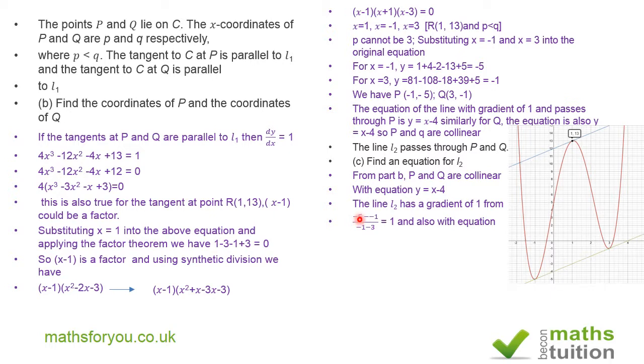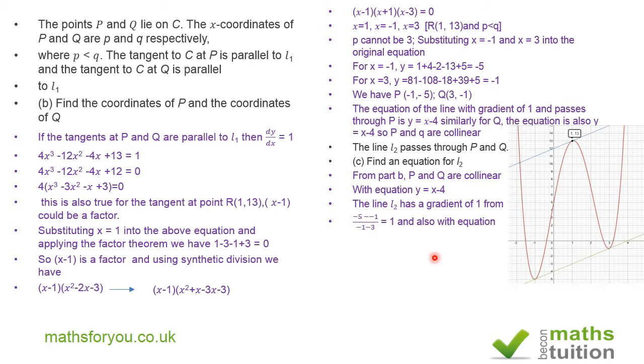The minus 5 comes from the y value of P, and minus 1 comes from the y value of Q. From that, you can get your gradient for L sub 2, which has a gradient of 1, which confirms what you said earlier.